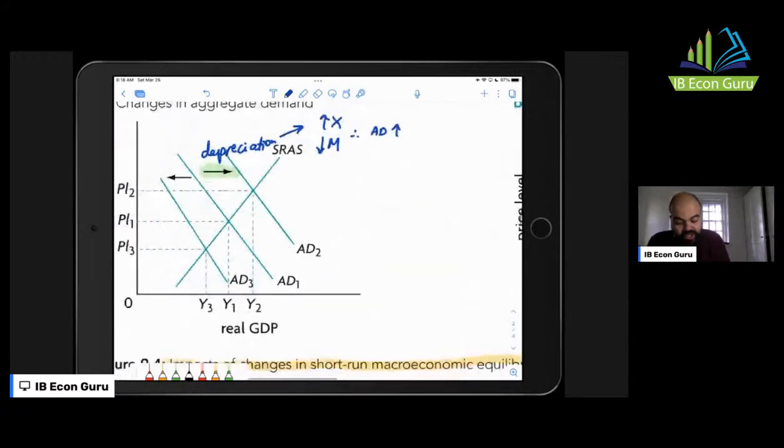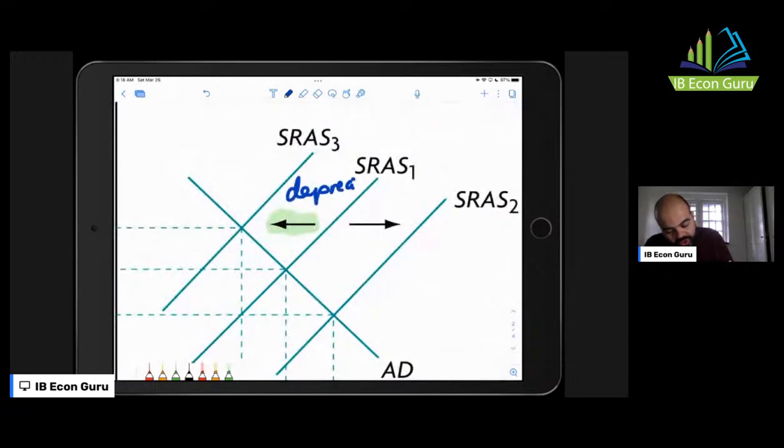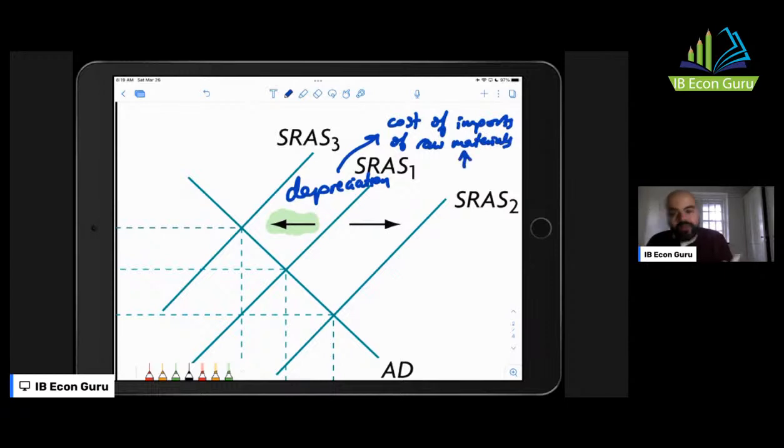A depreciation can cause an increase in aggregate demand or a decrease in short-run aggregate supply, or both. Why? Because a depreciation makes the cost of imports of raw materials increase. So that raises the cost of production in a nation.